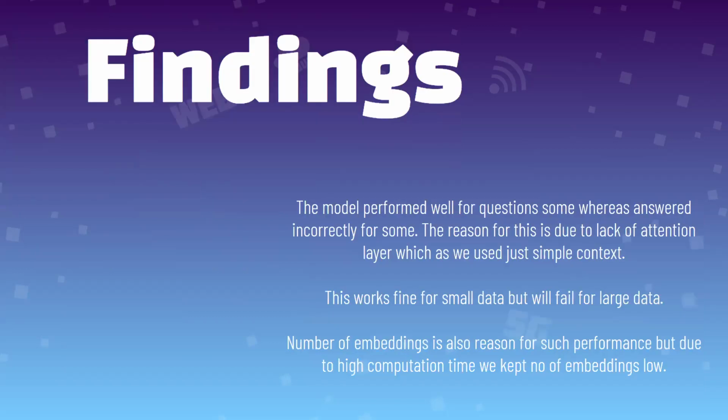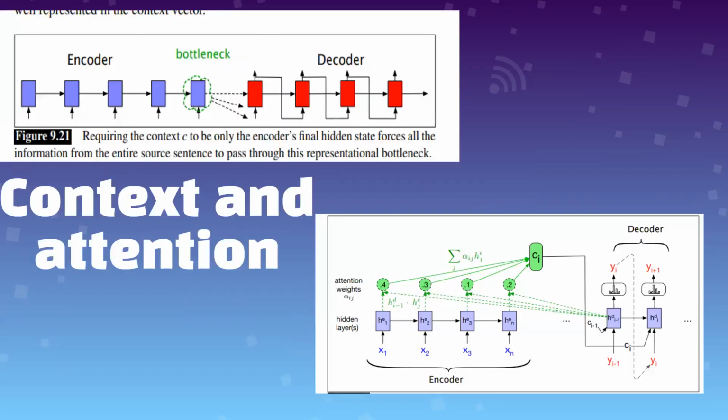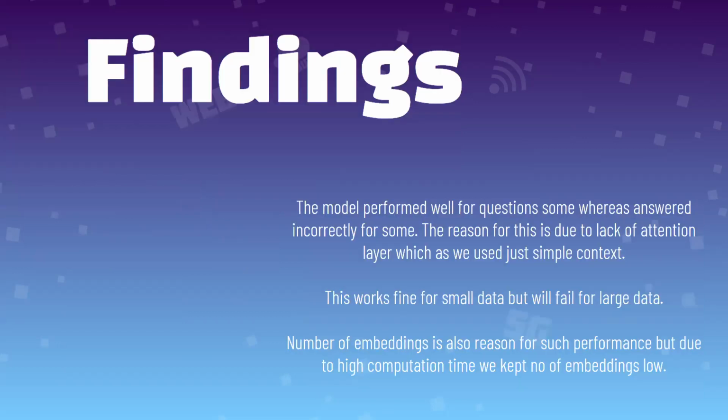Before discussing the last point of finding, let's just see context and attention. As you can see, a vanilla seq-to-seq model suffers from bottleneck. This is solved using attention, where the context vector is connecting to each LSTM in encoder and decoder. We had a small number of embeddings.